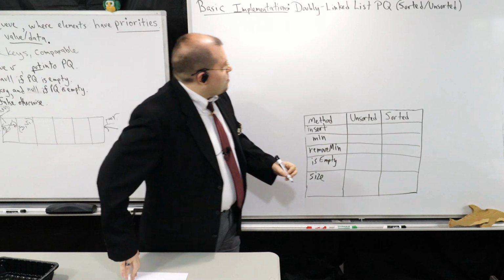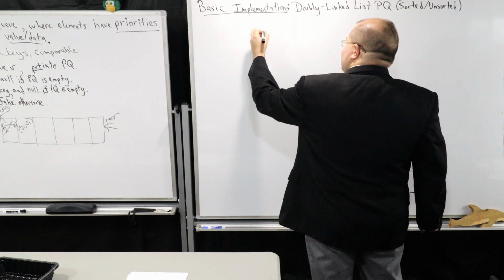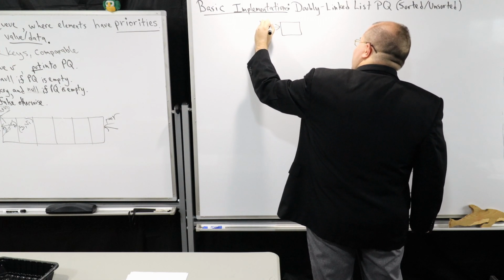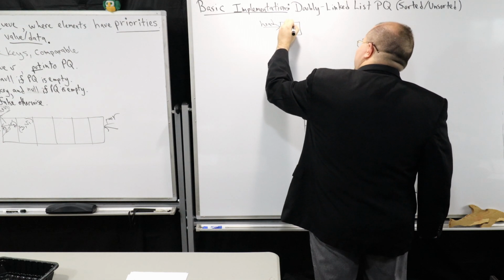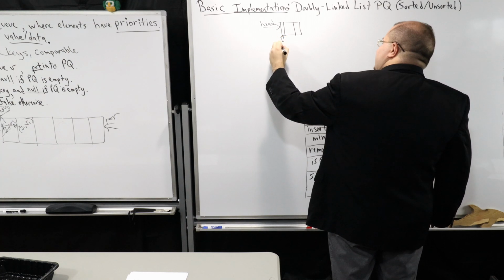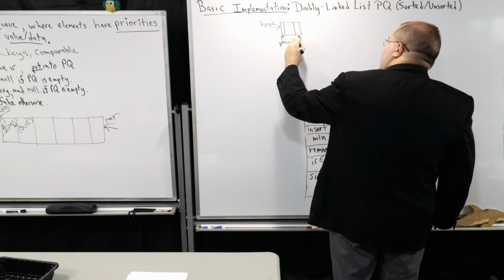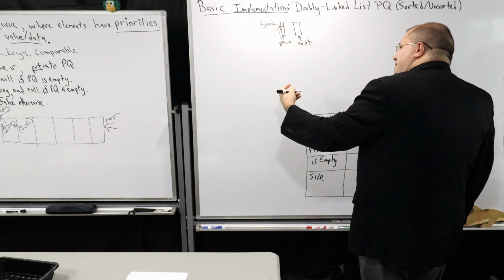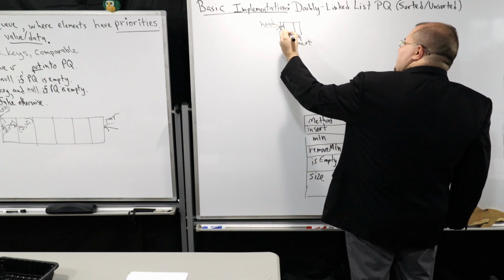Now, just as a quick reminder of what a doubly linked list looks like. I would have a head node, and in my nodes I'm going to have a previous and a next element. In this case, the previous would be nothing. Then I would have some element here.